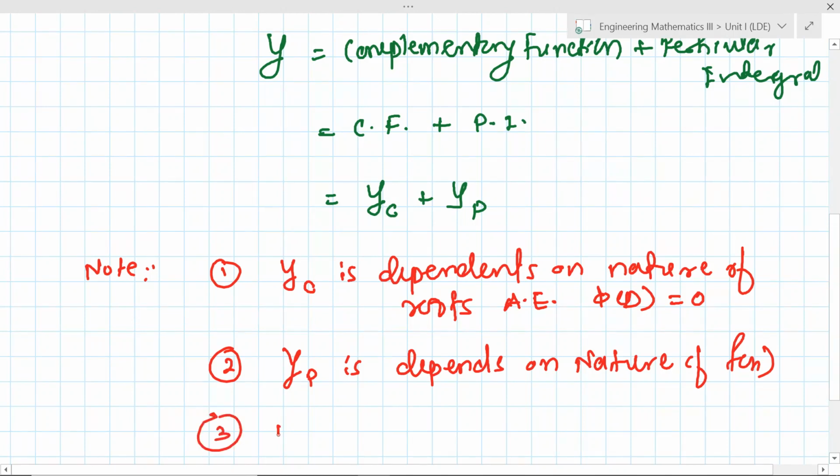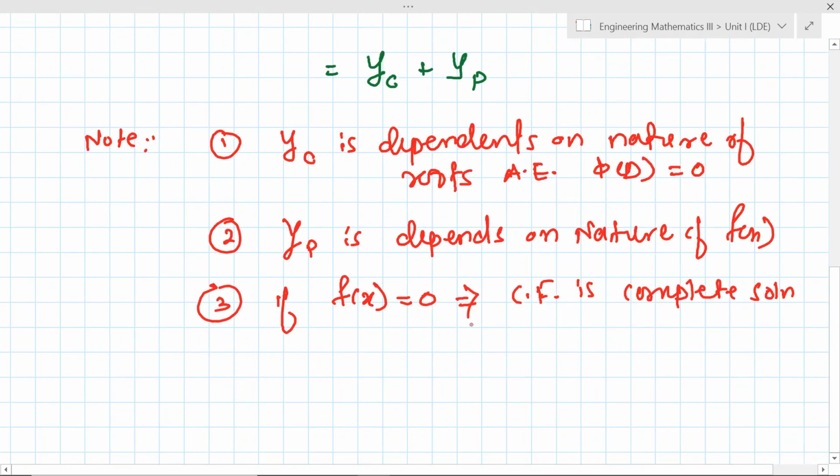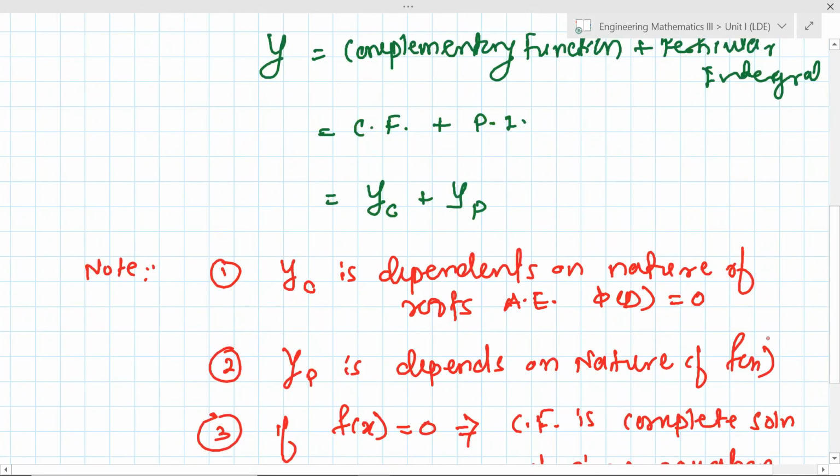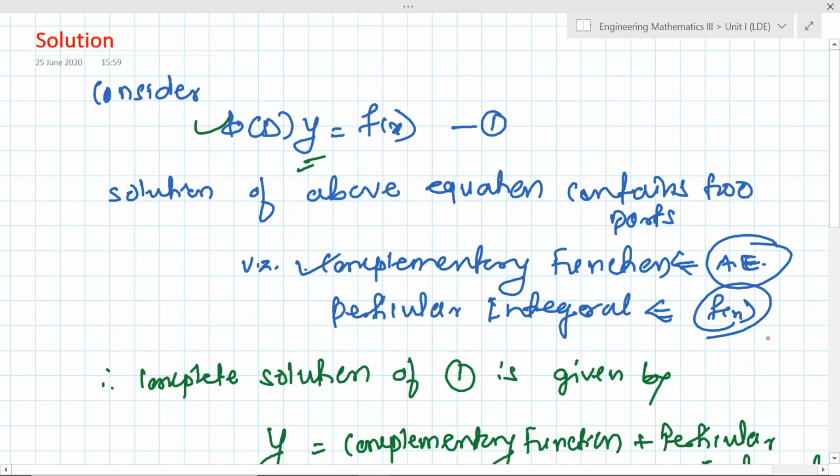And the third thing is, if f(x) is equal to 0, then the complementary function is the complete solution of the given equation. So that's it. This is about the solution of this nth order linear differential equation.